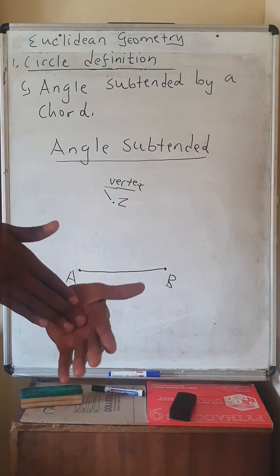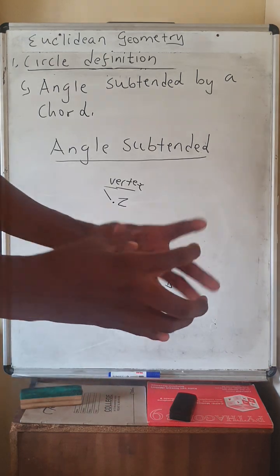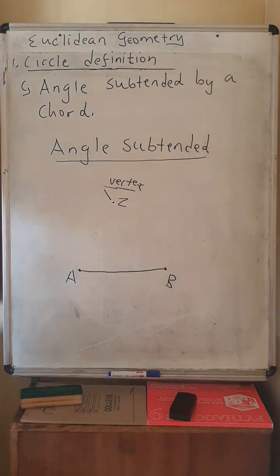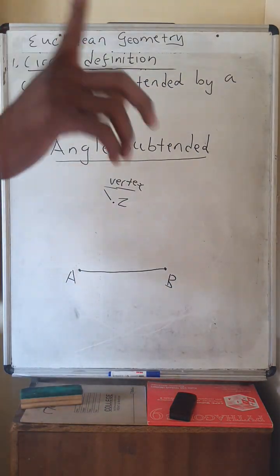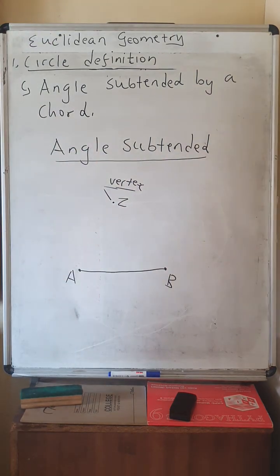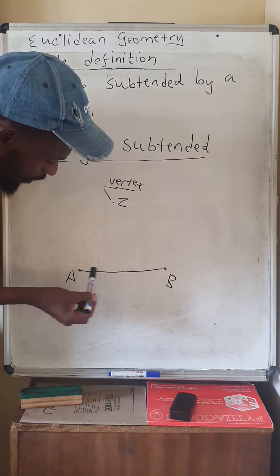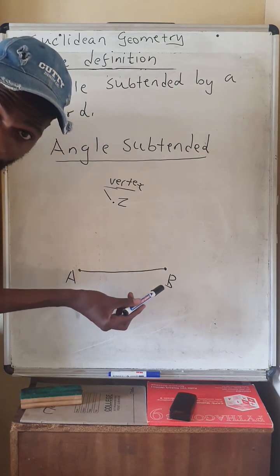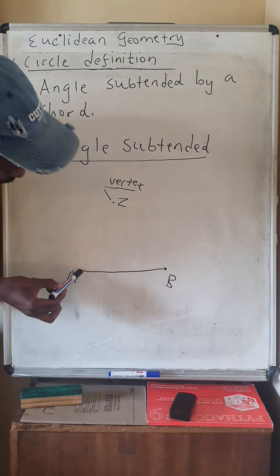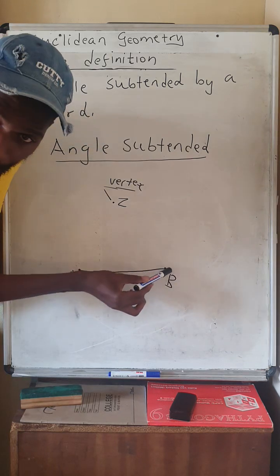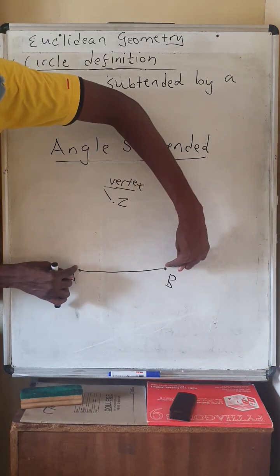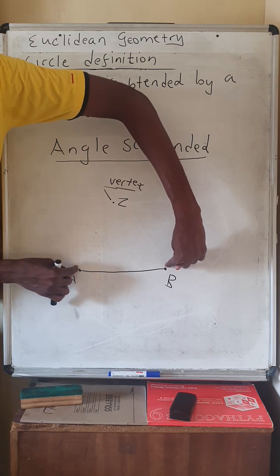If you want an angle to be enclosed by a line segment, we say the arms of that particular angle must touch the end points of that particular line segment. The end points of AB are A and B. So this is where our line segment ends. So these are the endpoints.